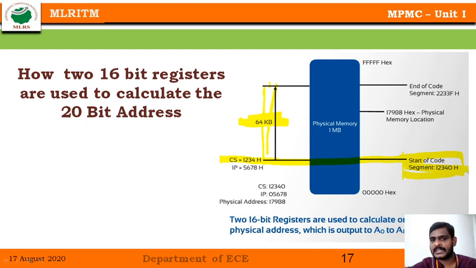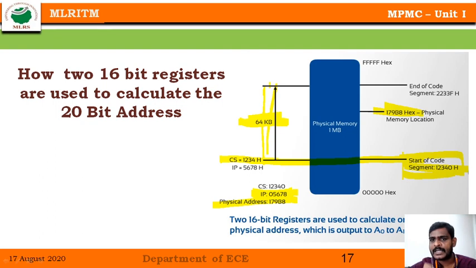And as I said, it can be added with an offset value. Assume I have an offset address in my instruction pointer of 0568. So the actual physical address my pointer is pointing to is 179B8.